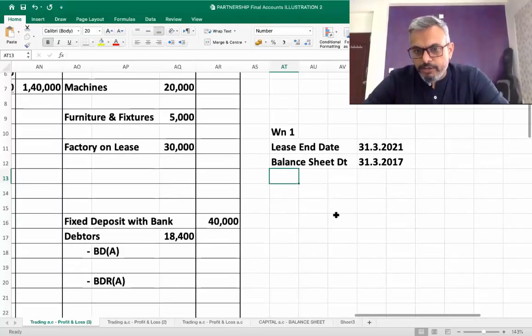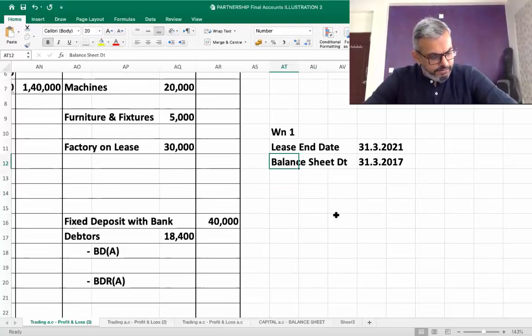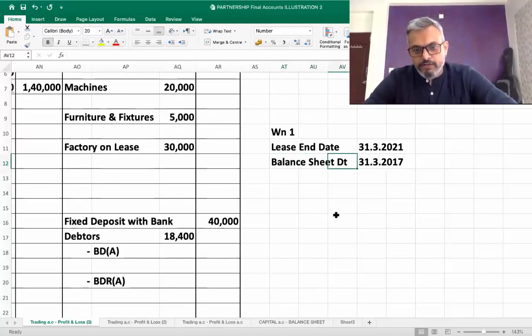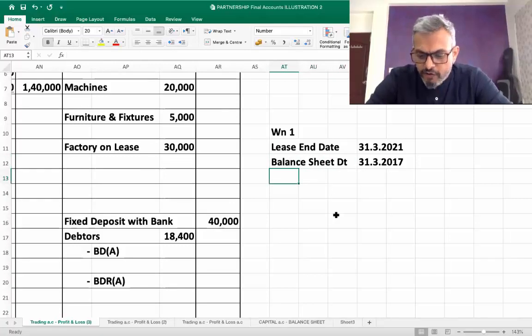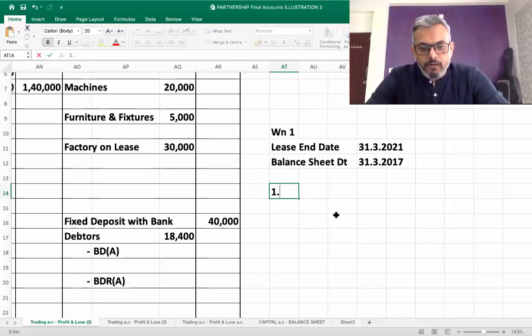I'll write and show it to you. Our balance sheet date is 31/3/2017. Here it is assumed that the lease was taken on 1/4/2016.